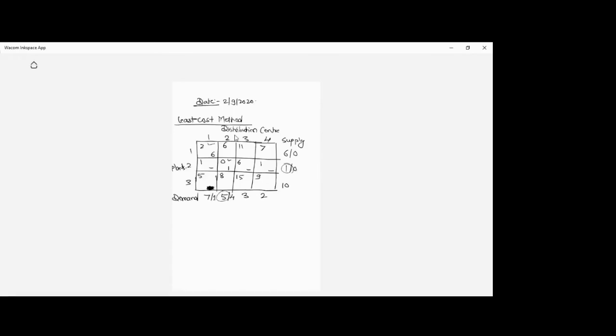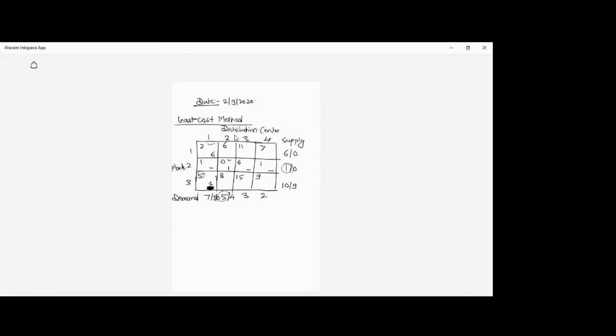Okay, so after 2, the next least value that we have is 5, right? So 5 here, we have a demand constraint of 1 and a supply constraint of 10. The minimum value among these we are going to supply, and that will exhaust this particular demand constraint, and here I will be updating it to be 9, right?